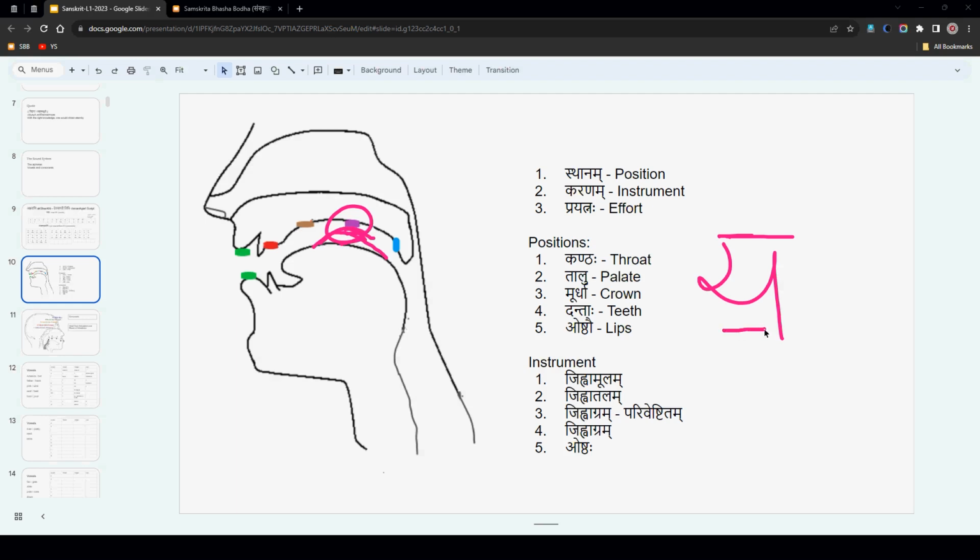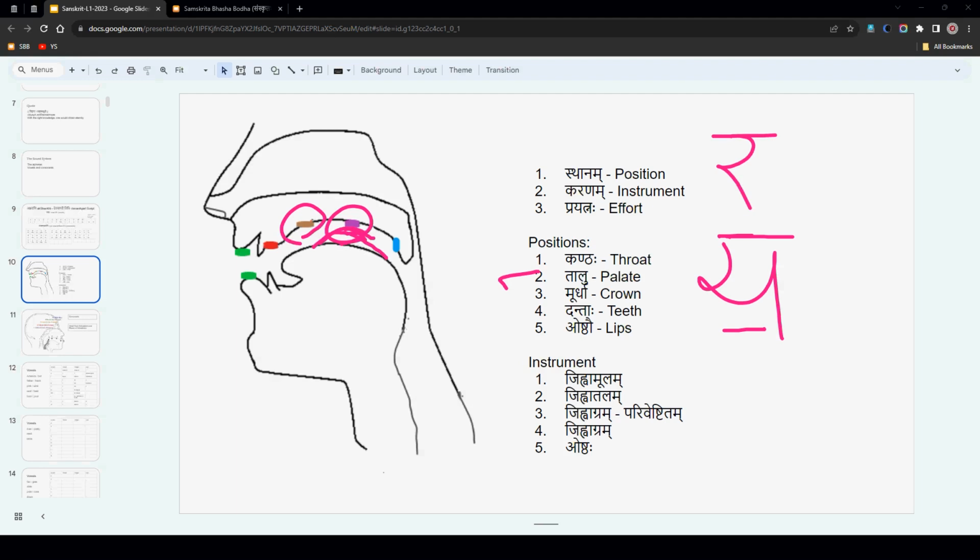Ya is also a Vyanjanam, because of brushing there, and it is talavya. Talavya means it is pronounced at the talu, where there is a blockage of air. Ya. After that we have ra. Ra sound is at the murdha here.